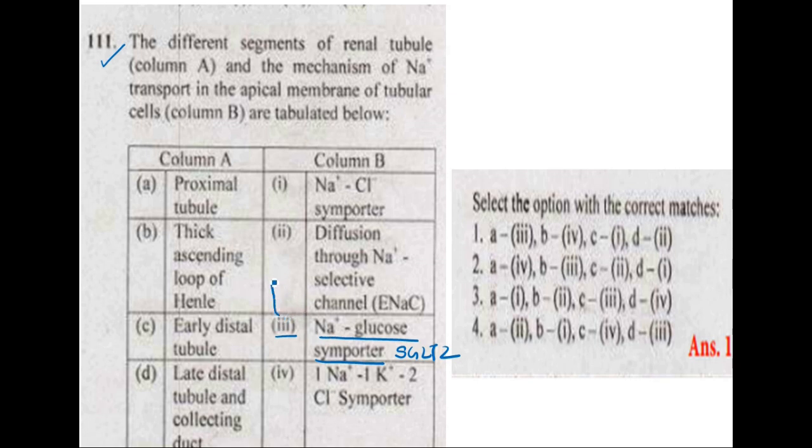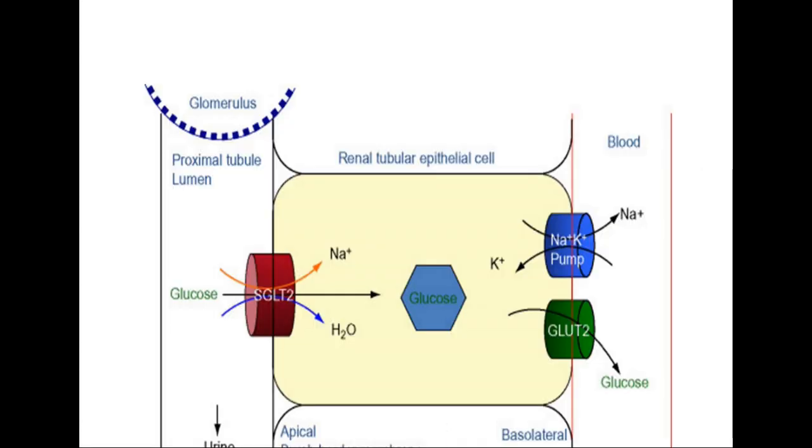This SGLT2 is present in the proximal tubule of the nephron, and so A is matched with 3. So if you see the first option, A is matched with 3, and other than this all are different, so the first option is correct. So this is the diagram of the nephron, and this is the glomerulus, this is the proximal tubule lumen, and here SGLT2 is present.